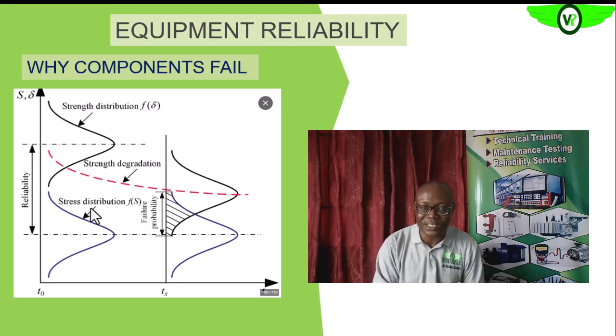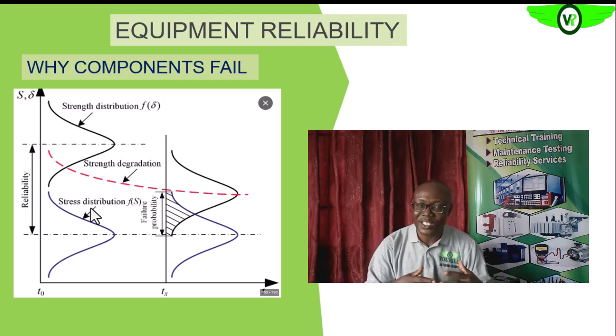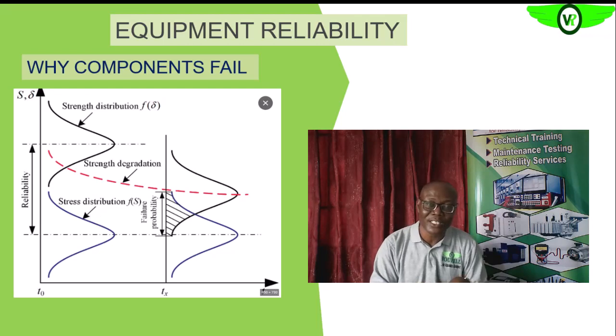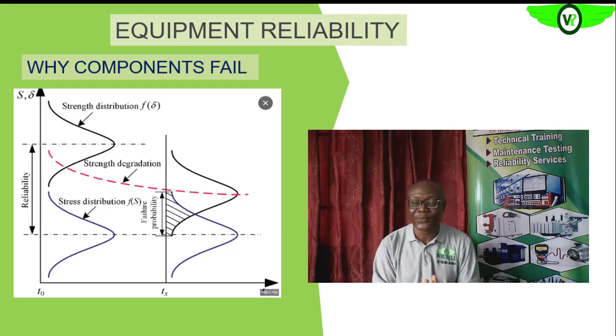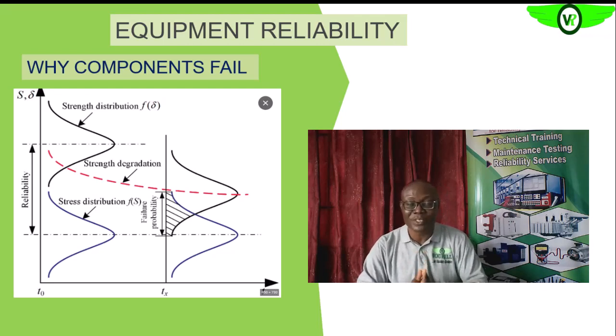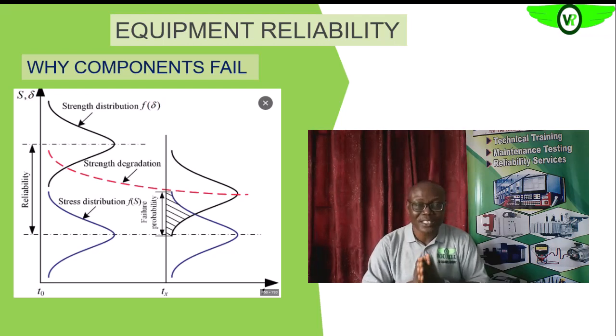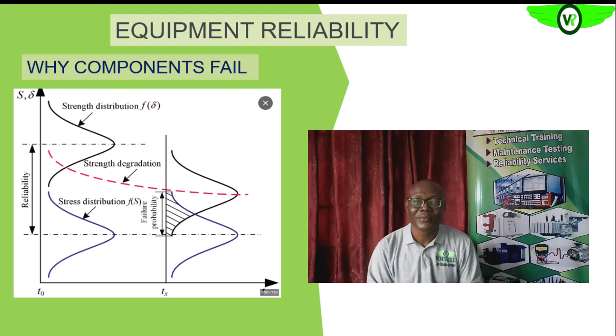The equipment is designed, maybe we expect that the pressure level that the component will withstand is, assuming, 2 psi, and then the component is designed to withstand 4 psi. Ordinarily, if we subject that component to a steady 2 psi, since it is designed to withstand 4 psi, we will not have issues. Is that not so? Yes, of course, we will not have issues.